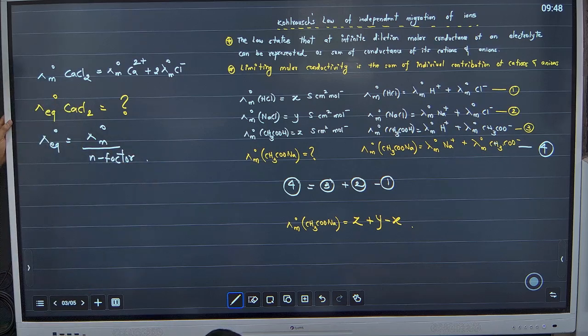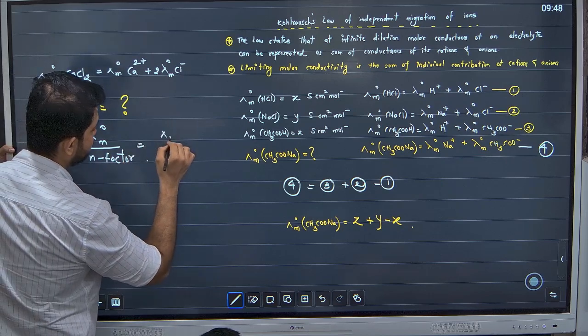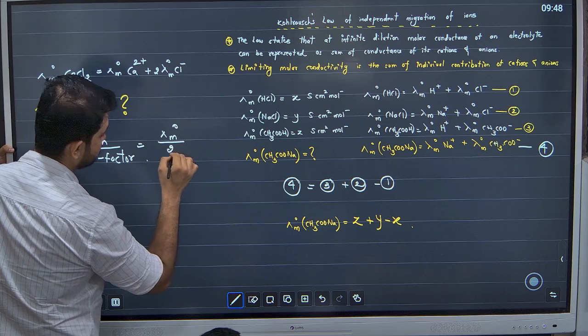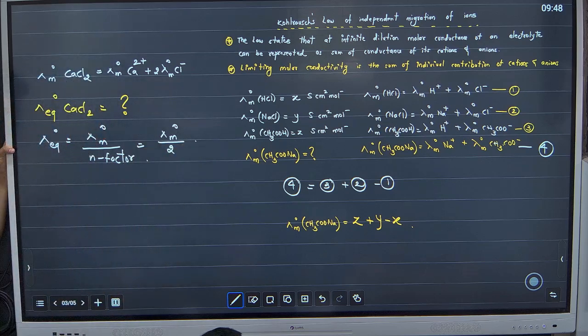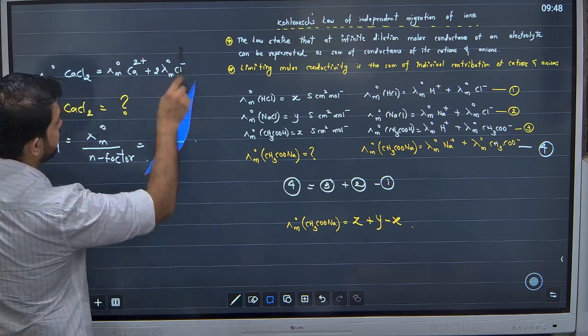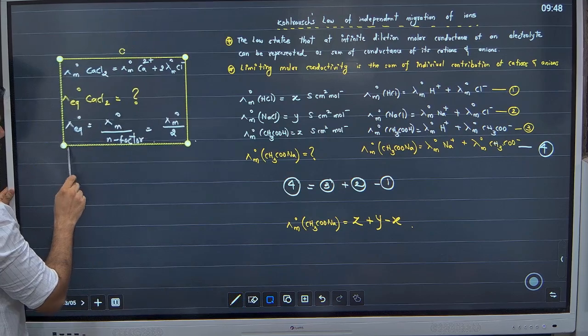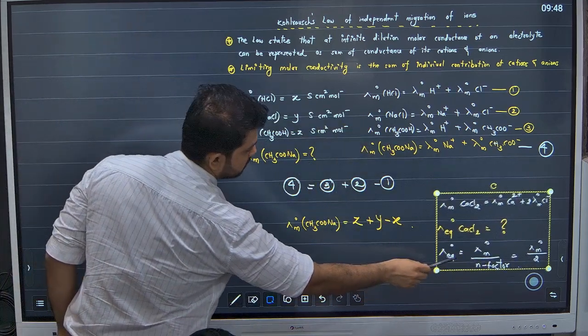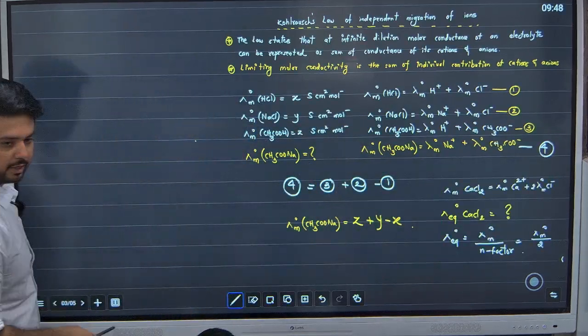For CaCl2, what is the n factor going to be? 2. So that will be molar conductivity upon 2. So you can also find the equivalent conductivity from here. They can give you any expression and ask you to find the equivalent conductivity, molar conductivity, and so on and so forth. Did you people get that?